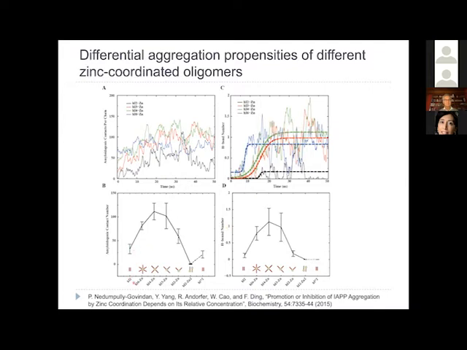So this is the IAPP control, and we look at the number of contacts between the amyloidogenic regions. The second one is the number of interchain hydrogen bonds. We see a similar trend, moving from left to right: this is without zinc, this is a dimer, and this is a hexamer of IAPP coordinated by zinc.